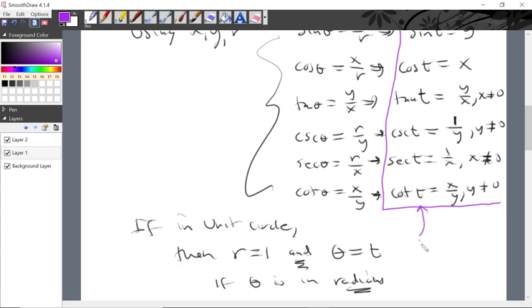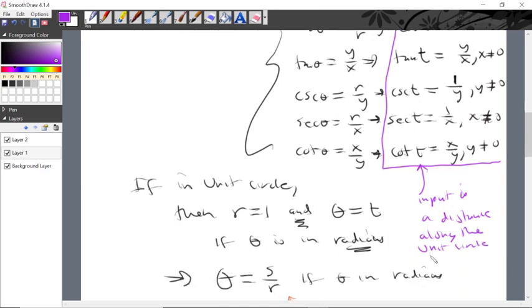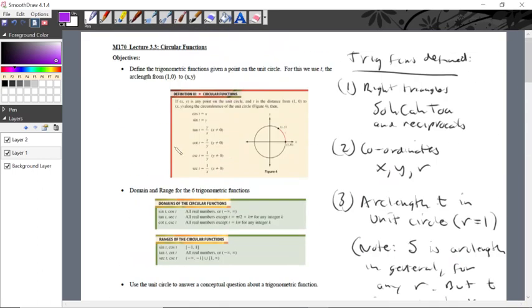The input is now a distance, and in fact a distance along the unit circle, in standard position, by the way. So we've now redefined the trigonometric functions in terms of this variable t as the input.